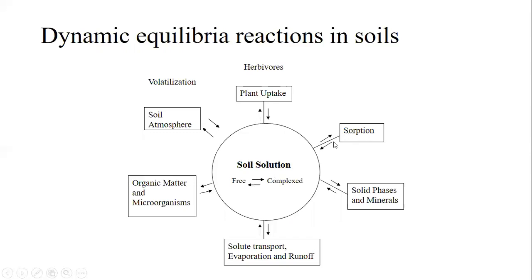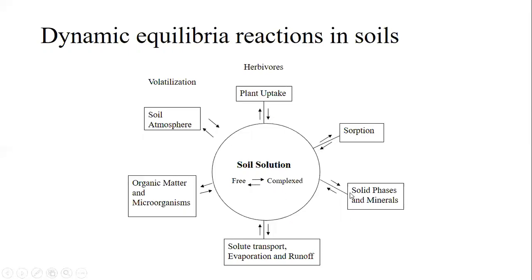Sorption, and the opposite of it, desorption. Or it can be adsorption and also resorption, which is when they leave. That means things can be taken from the soil solution to surfaces and other things, and at the same time they can go back into the soil solution.